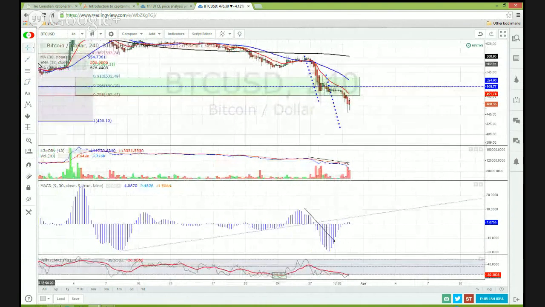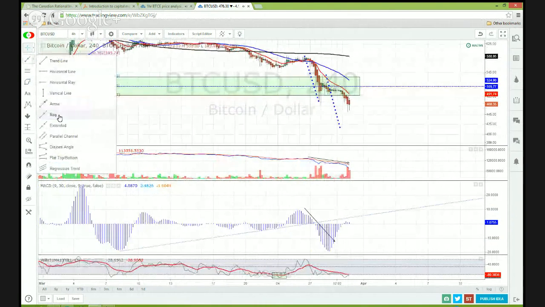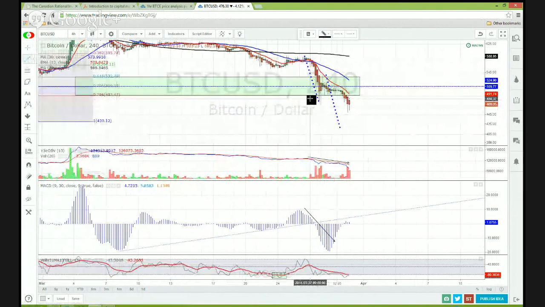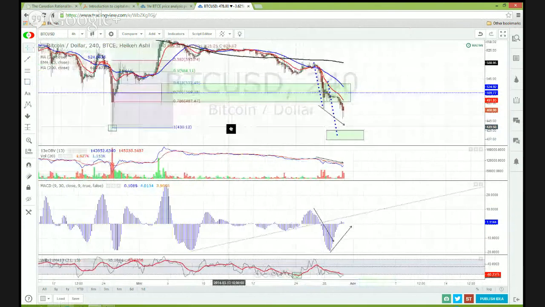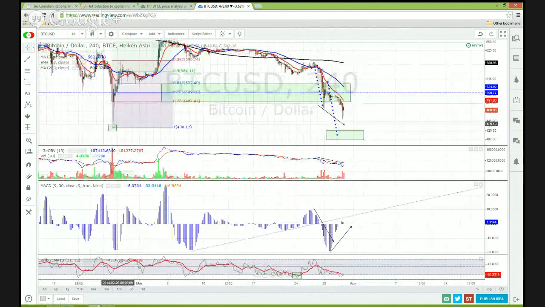I do like the fact that we are now finally putting in lower highs and lower lows, but the MACD is not putting in lower lows. So wherever this ultimately finishes, and my hunch is we're probably heading down into here somewhere, my gut feeling is they're going after this low.